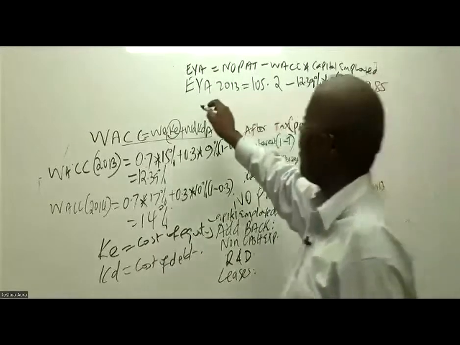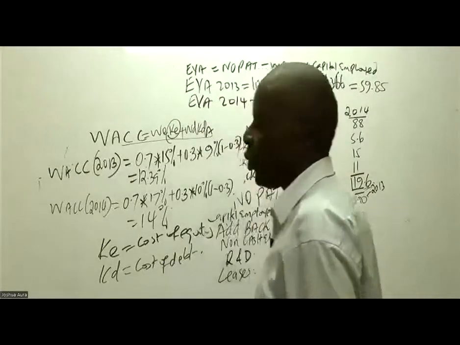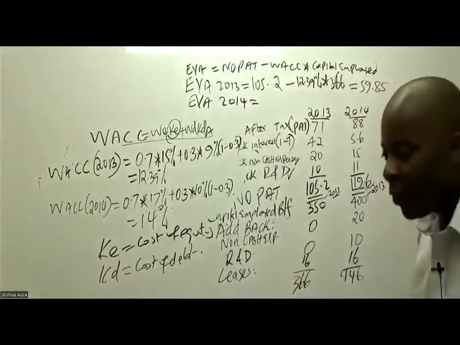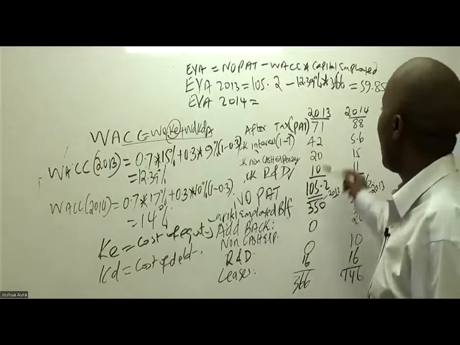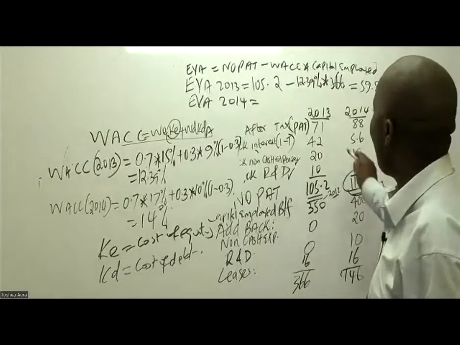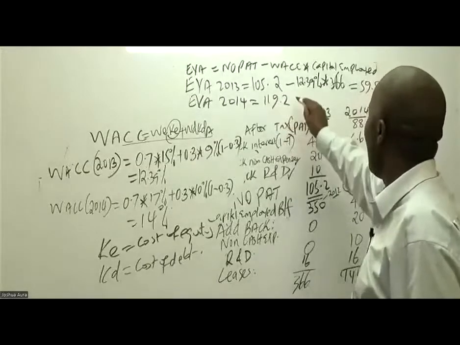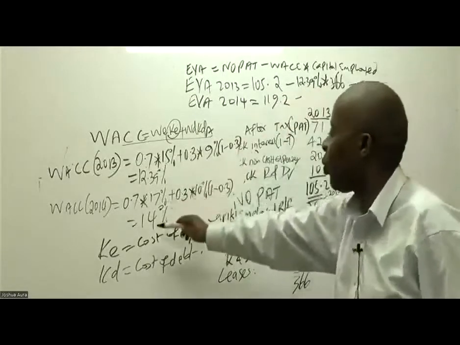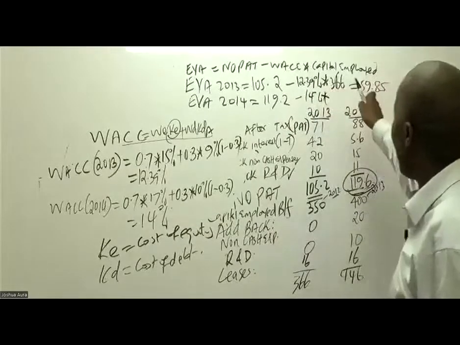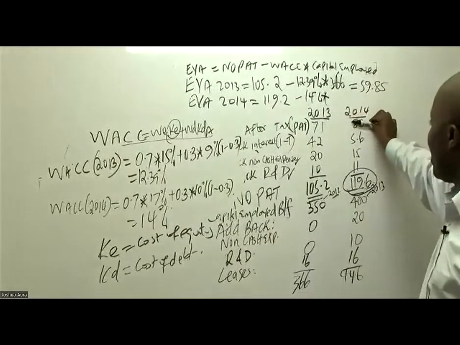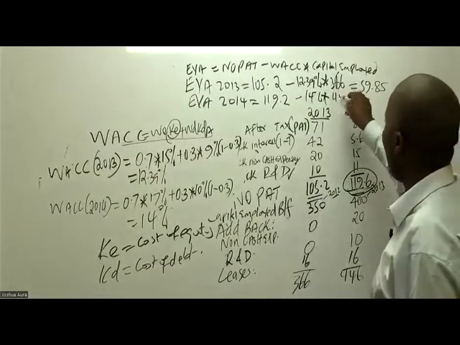And then now we have EVA for the year 2014. The NOPAT here for 2014 is 119.2 minus the WACC for 2014, which is 14%, multiplied by the capital that was employed in 2014, which is 446.